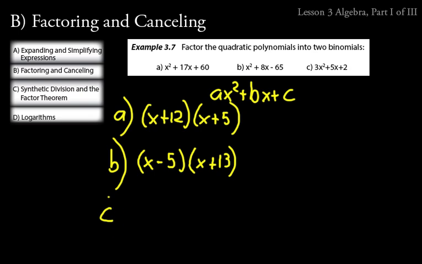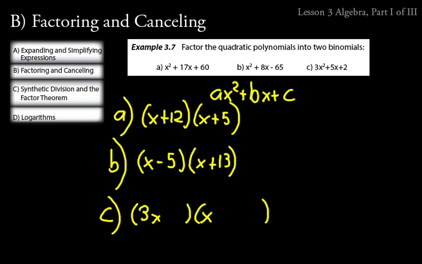See, look, a is not 1, a equals 3 on that. When that happens, you can follow a similar procedure like we've been doing, but it may take longer to find the correct binomials because you have more options to work with. Now since these are integers, it's going to be a 3x and an x. It won't be a negative 3x and a plus x or something like that.